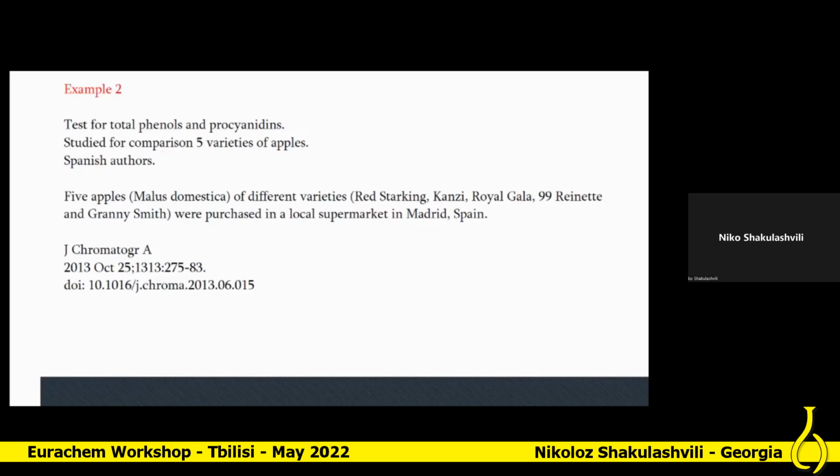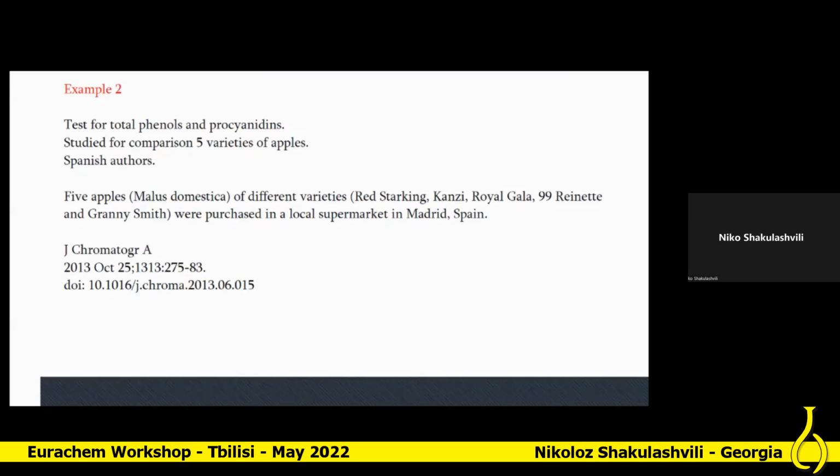There is one particular phrase that I quote from this article. For each variety, they took 5 apples. Where was it collected? How was it collected? How was it packed?